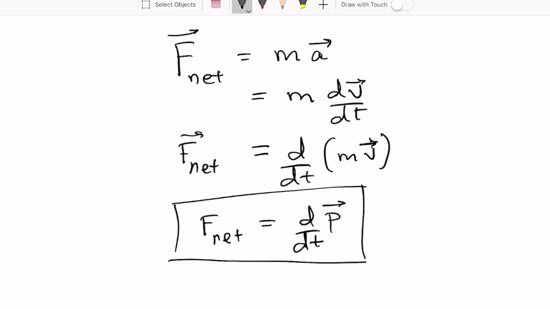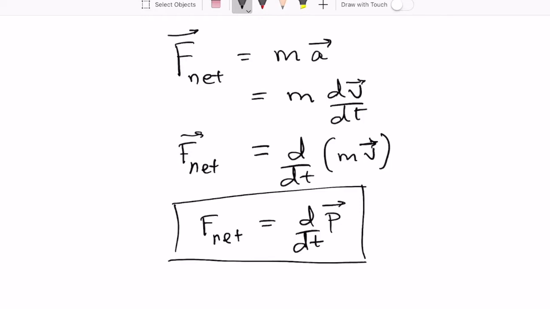Well, the advantage of doing this is that there might be systems where the mass is not constant. So in all the examples that you've seen in earlier chapters, the mass of an object has always been constant. But you can easily think of examples where the mass of an object is not constant. Can you think of one yourself?